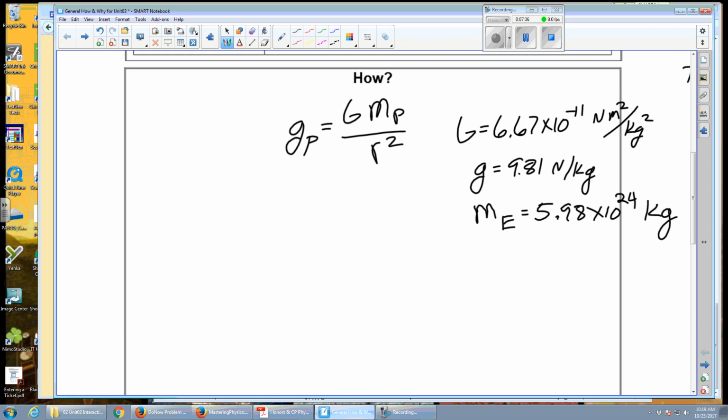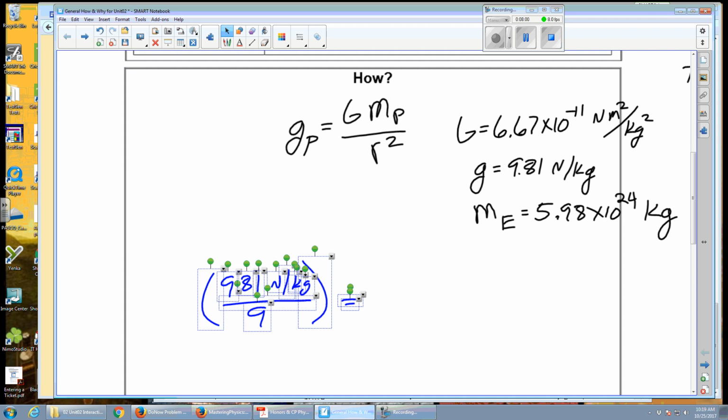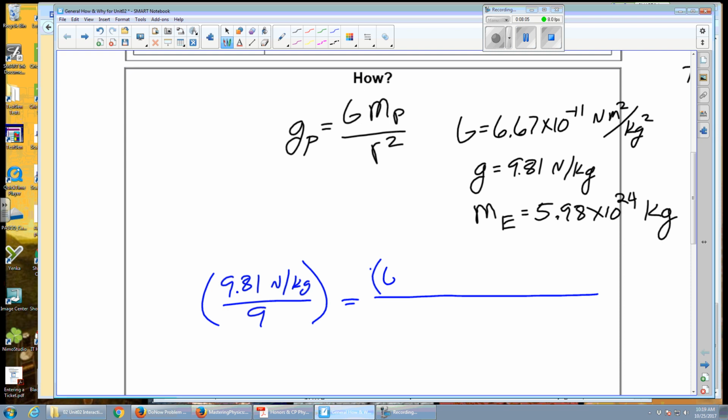All right, so let's see. In the problem, they told me that the gravitational field strength at this point is g over 9. So that would be g, which is 9.81 newtons per kilogram, over 9, equals big G, 6.67 times 10 to the negative 11 newton meters squared per kilogram squared.